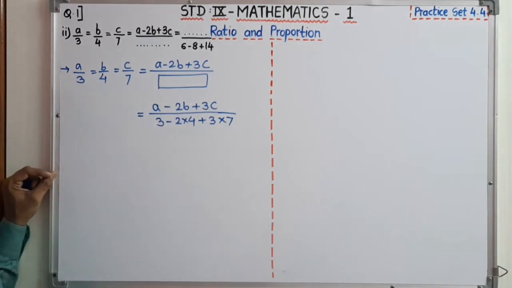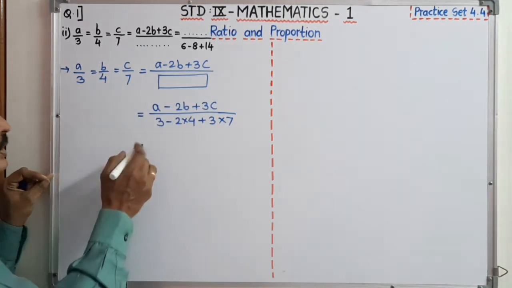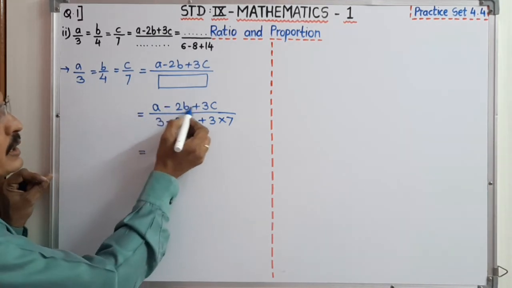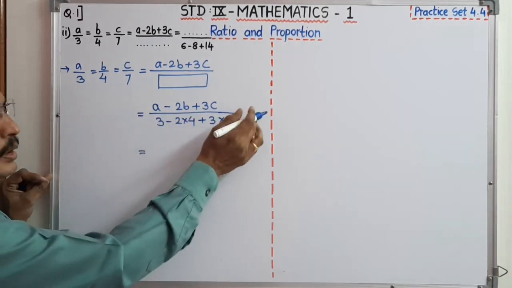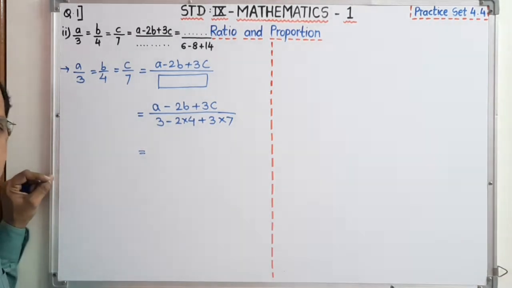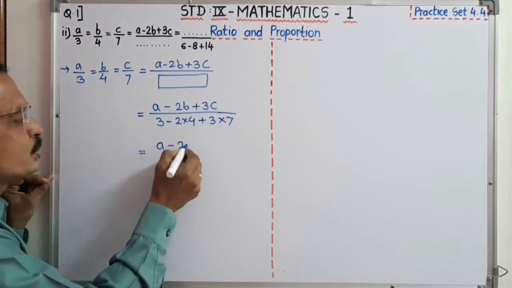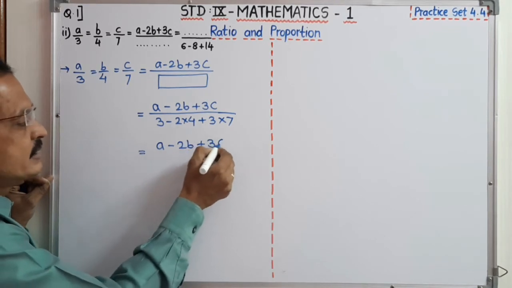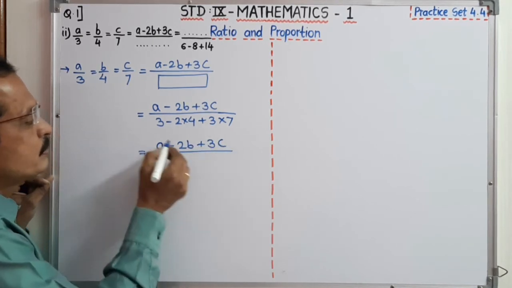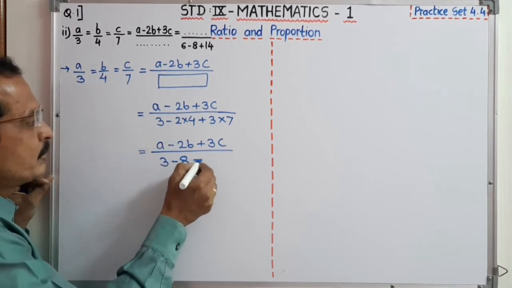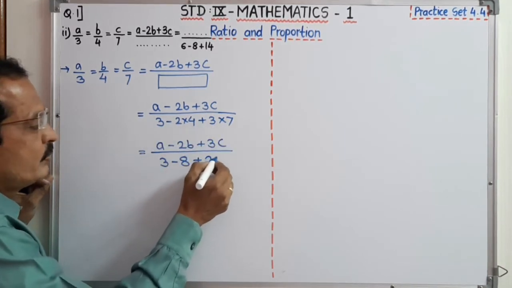Isn't it? Very simple. Just you have to observe, we are doing subtraction and this addition. Here we have to write theorem on equal ratio. Now see dear student, a minus 2b plus 3c, and here do the simplification. This is 3 minus 8 plus 21.